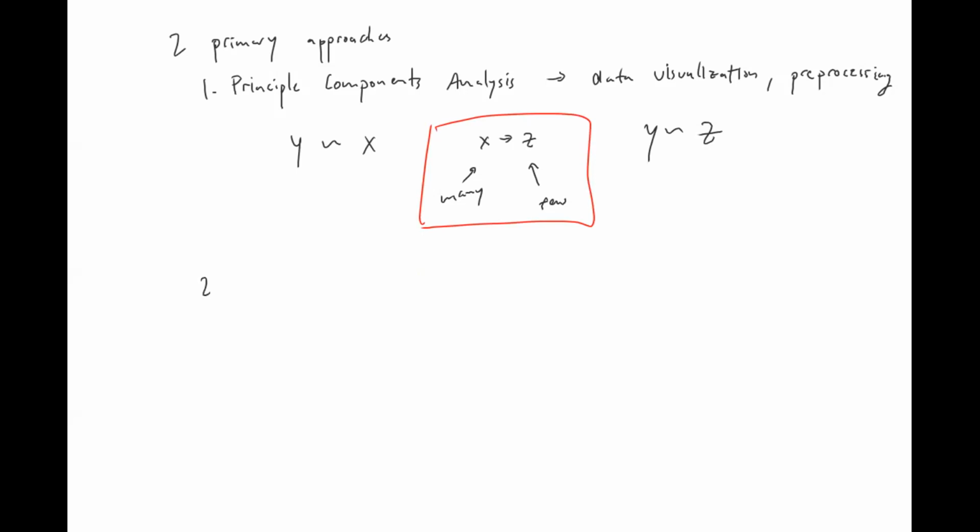The other one, which we're mainly going to focus on today, is clustering. And there are a couple different methods that you can use here. So the first is k-means clustering.